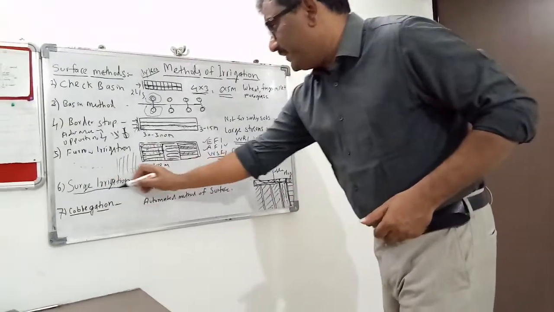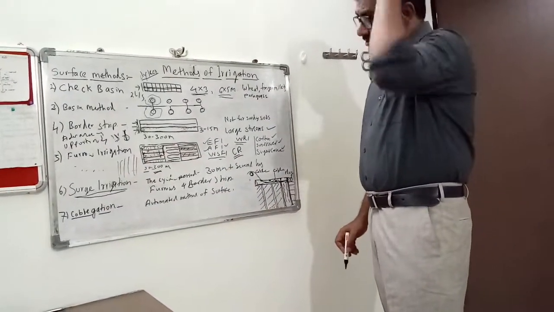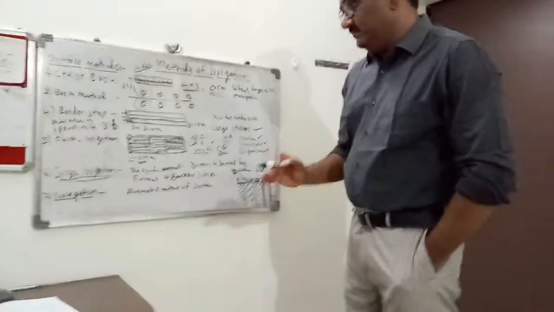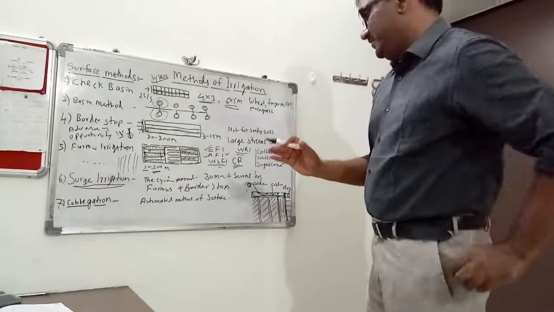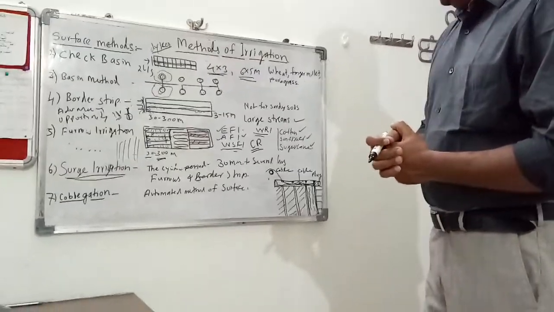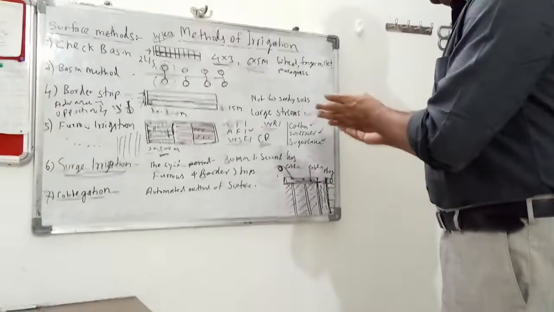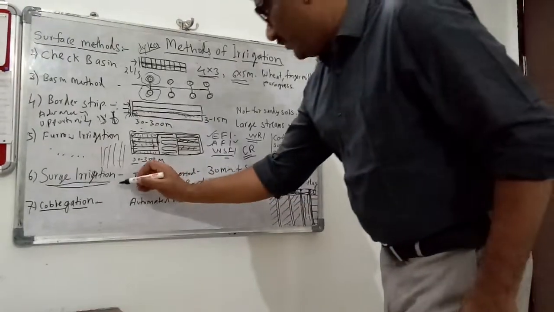It is very popular. Also ginger, turmeric, and next one is surge irrigation. This is again a modification of the surface method where there is intermittent application of water with an on and off mechanism, where the intention is to reduce the loss of water due to seepage or leaching. So what is intermittent application of water?